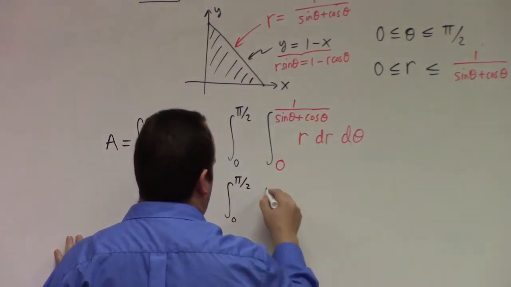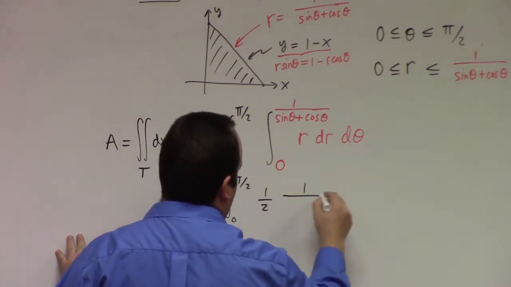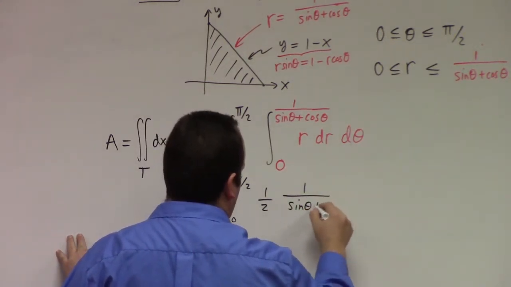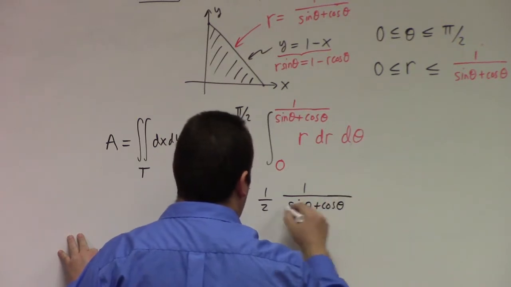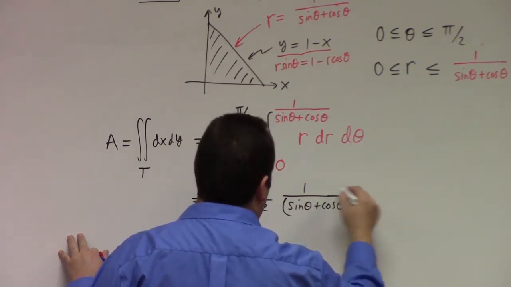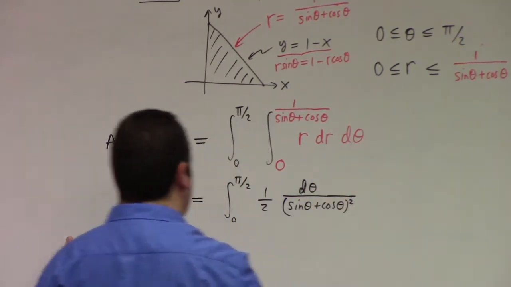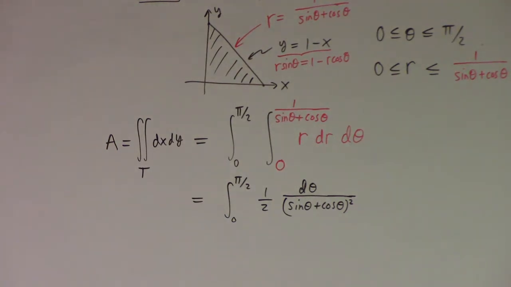So that's like 1/2, 1 over sine theta plus cosine theta, quantity squared, d theta. And then how do you integrate that?